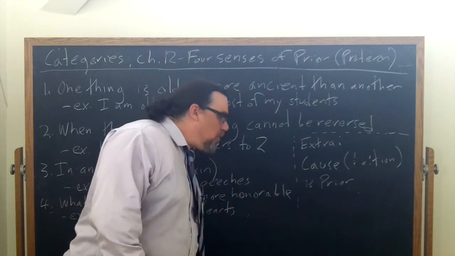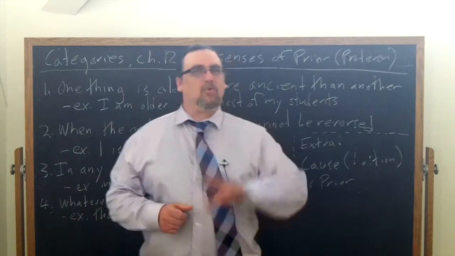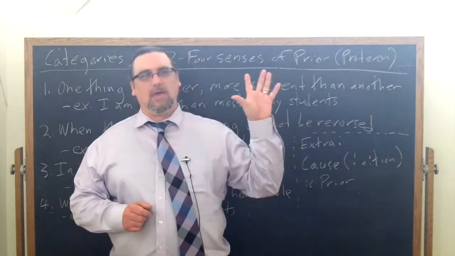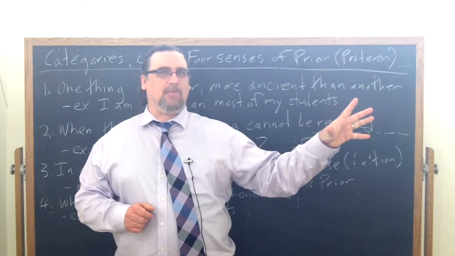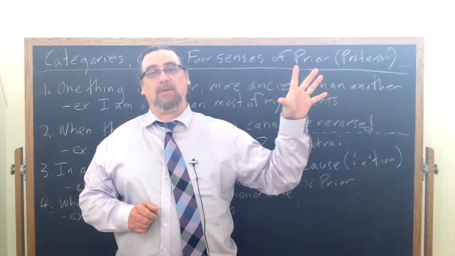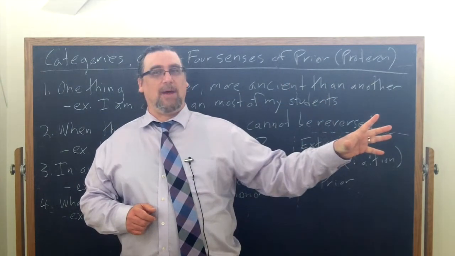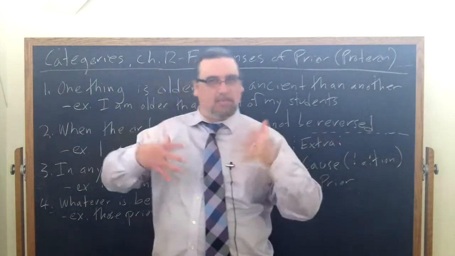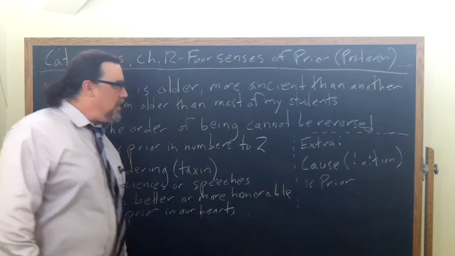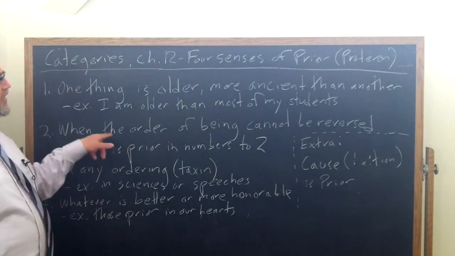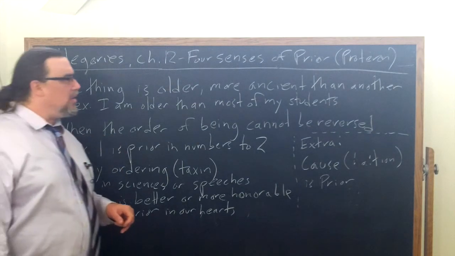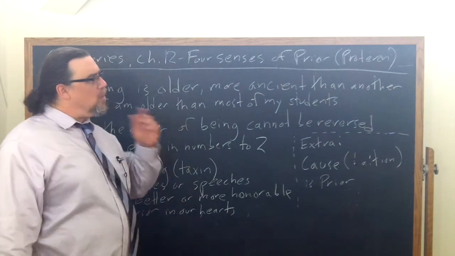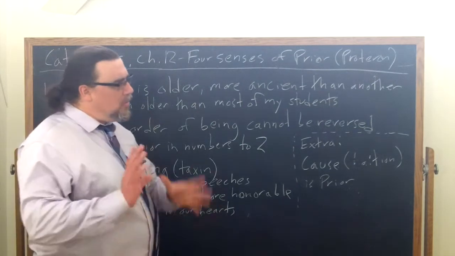So the person existing is prior in this sense to the statement about them existing or the statement being true about them existing. This takes a little bit of wrapping your head around. And you might say, well, doesn't that fall into this thing right here, the order of being? This has to do more with sequence.